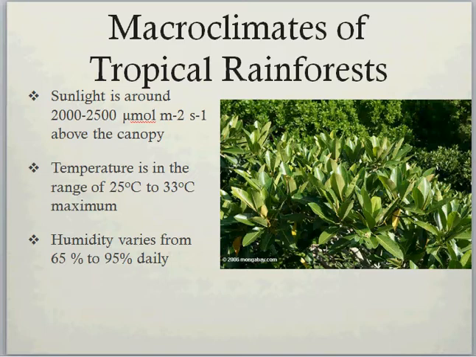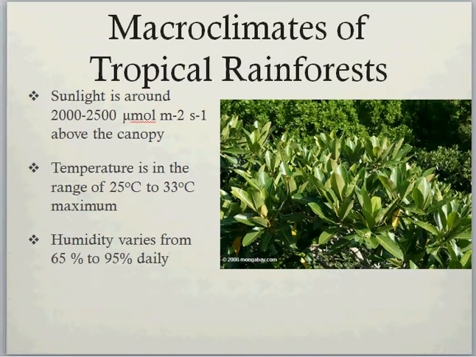Sunlight is around 2,000 to 2,500 micromoles per meter squared per second above the canopy. So that's the amount of photosynthetically active radiation impacting on the canopy around midday. Now this is very high. It's the highest in the world.